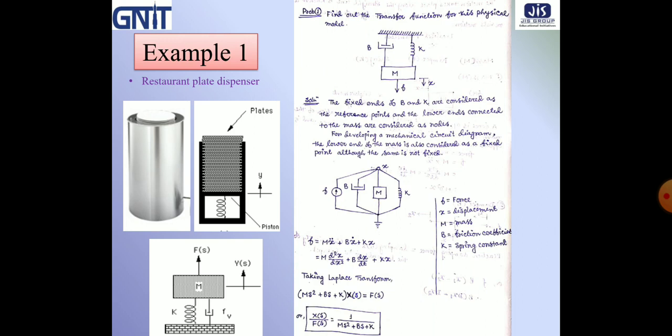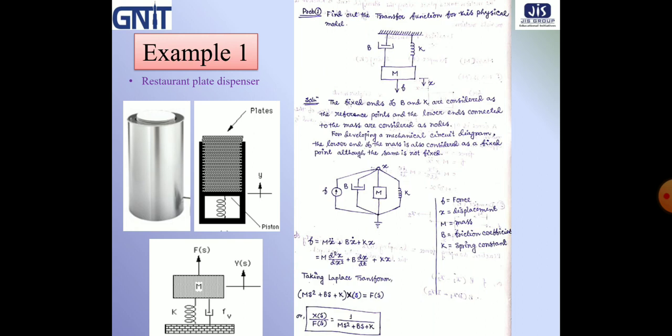Now what do we have to find? We have to find the transfer function of the system. What is the definition of transfer function? The transfer function is the Laplace transform of the output divided by the Laplace transform of the input with all initial conditions zero.